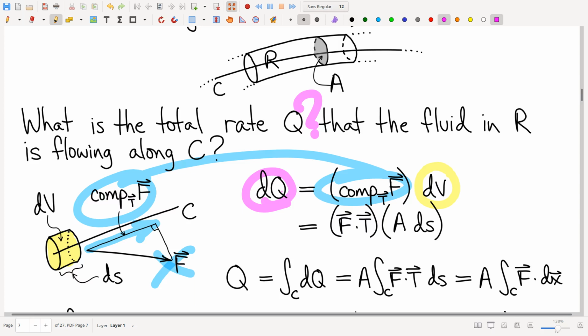Each of these I can rewrite. The component is a dot product with the unit tangent vector. Volume is area times length. Nothing particularly exciting happens there.